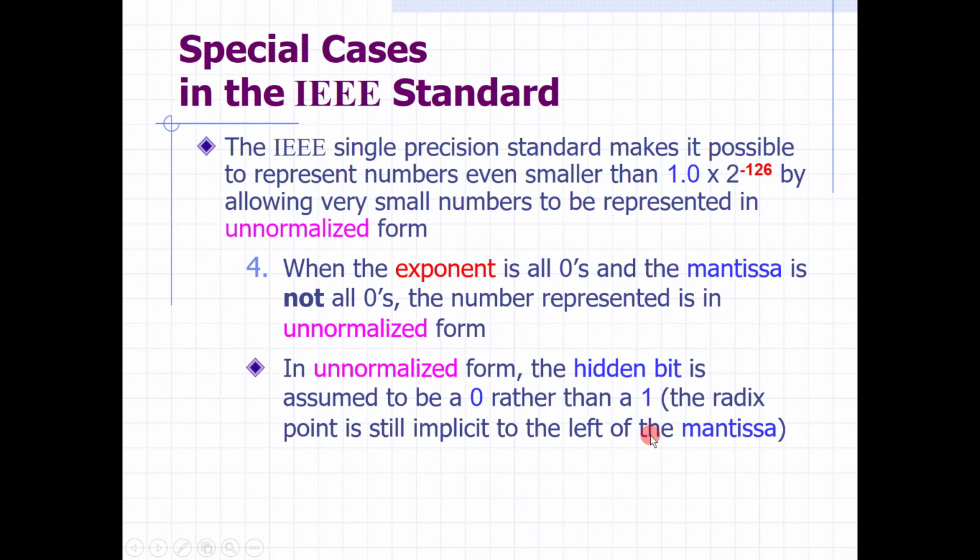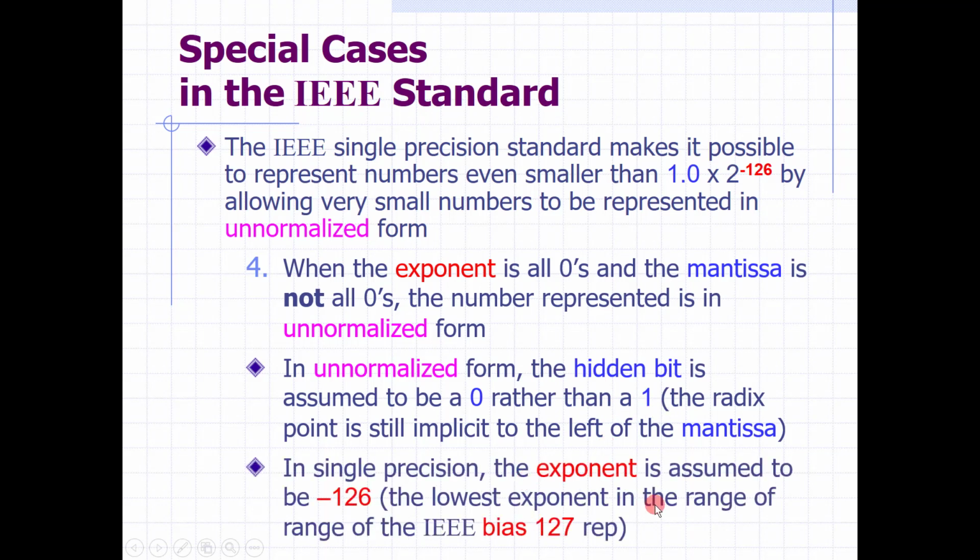And once we recognize that we have an unnormalized form, we'll write it as 0 point something rather than 1 point something. When we recover our hidden bit, it will be a 0 rather than a 1. We'll have to remember that in bias 127, even though the smallest number technically is negative 127, the smallest exponent we're allowing is negative 126.